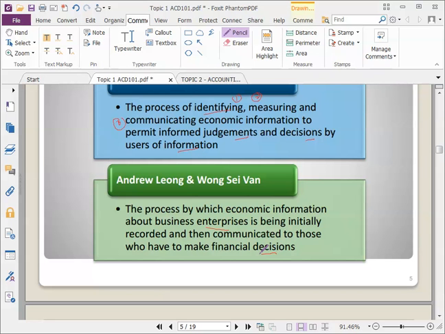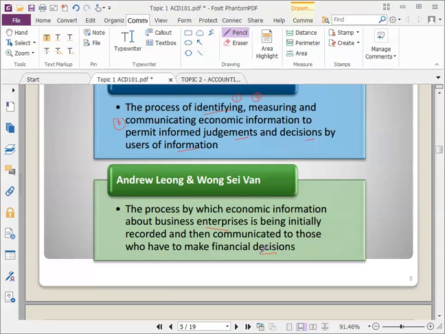For example, if you want to expand your restaurant business, to open another branch in a new place, you need to have capital, a lot of money to finance it.